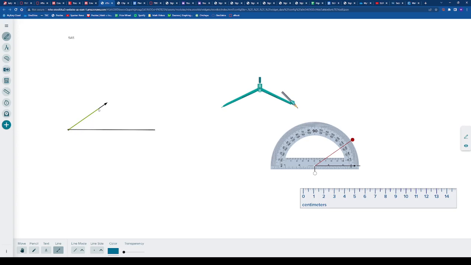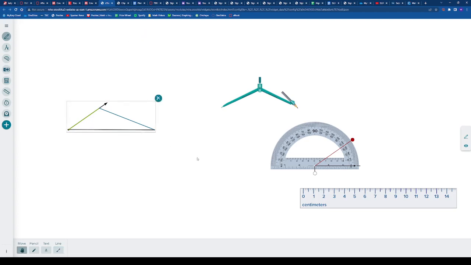So I have this point, and there's only one segment that I can draw to complete that. So that's how side, angle, side works, in that we draw the side, have a fixed angle, and then that side, and now these two points are locked in relative to each other, so we have to close it with that segment. So that's side, angle, side.